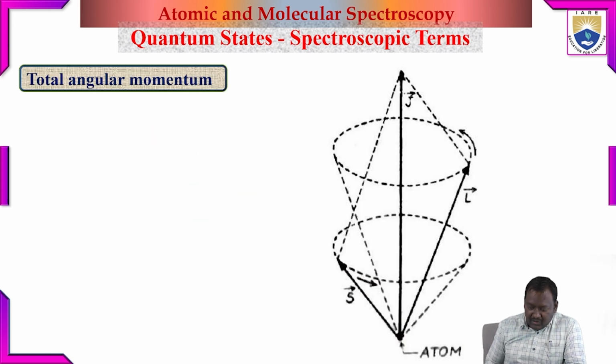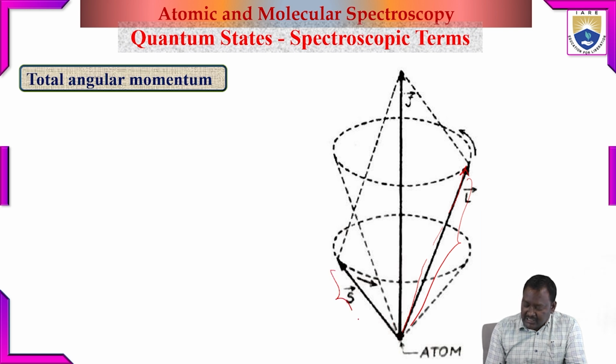Again, how should we add these two angular momenta in general? If we consider a single electron atom, that electron can have orbital angular momentum, maybe in this direction. This L bar is the vector representing the orbital angular momentum, and this is its length.